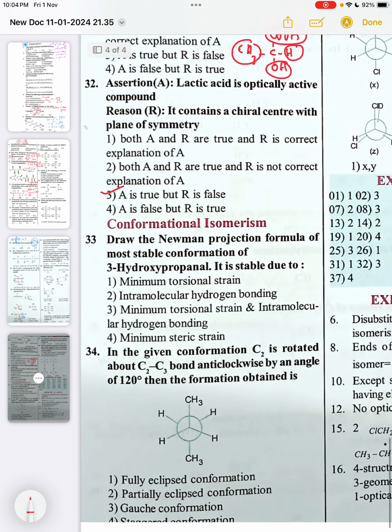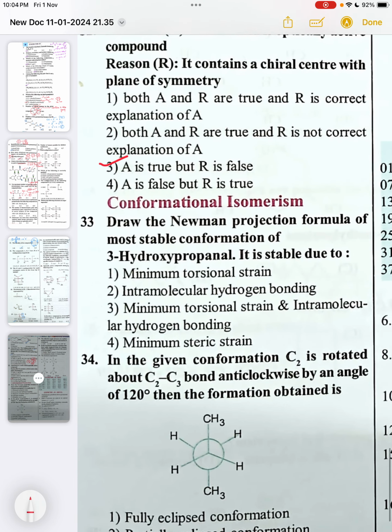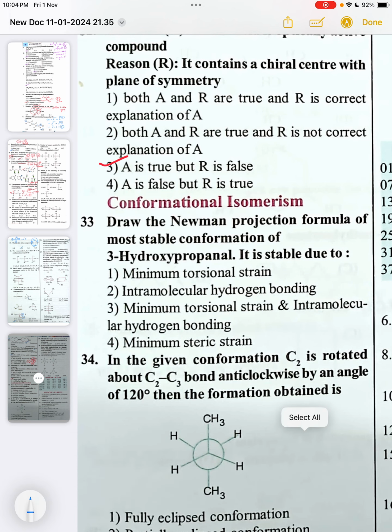Conformational isomerism. Draw the Newman projection formula of the most stable conformation of 3-hydroxypropanol, and say why it is stable. So I am drawing the structure of 3-hydroxypropanol.